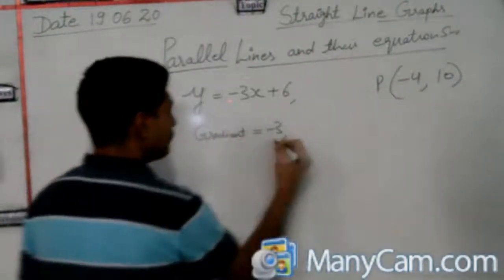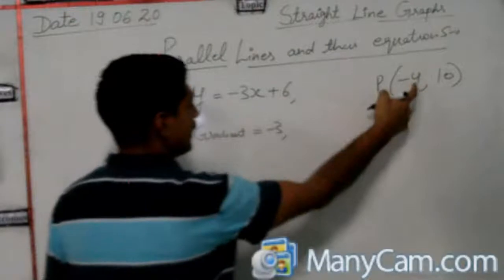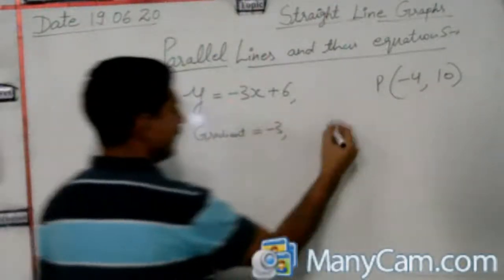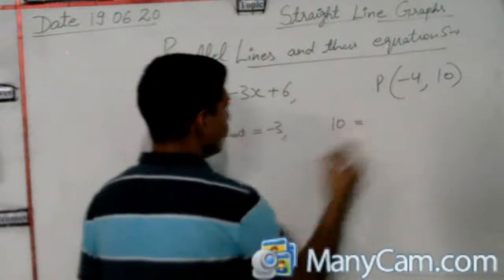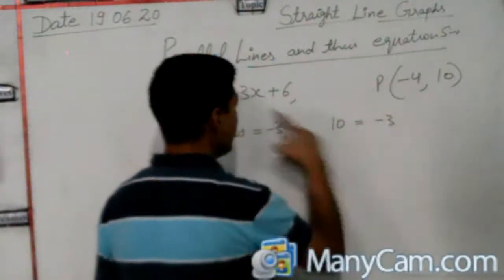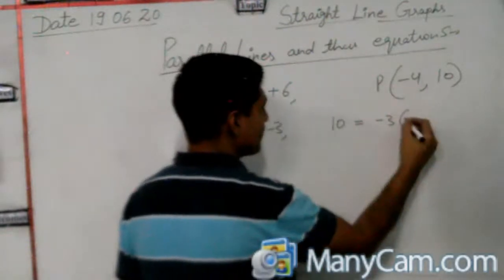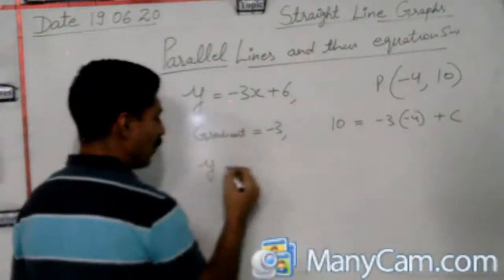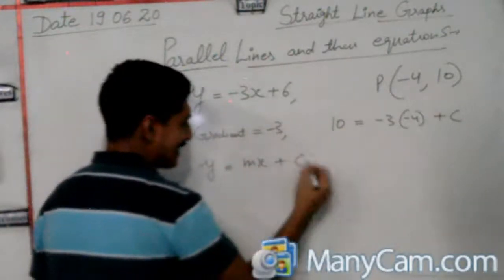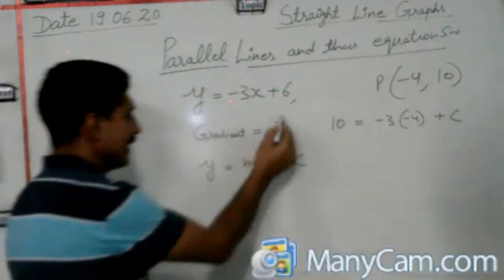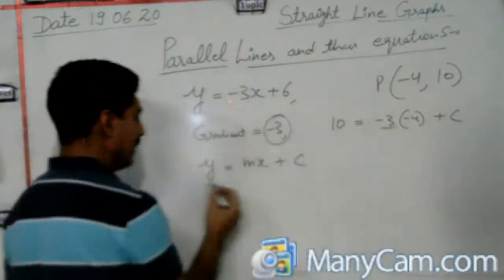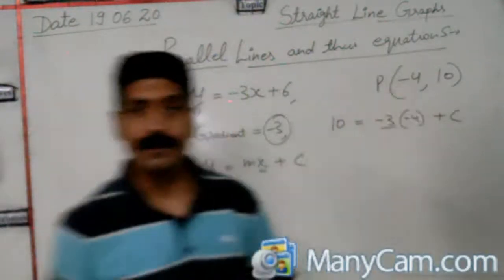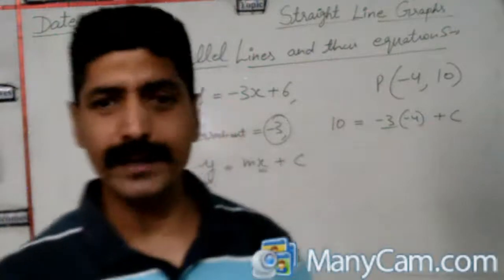So here we will first substitute the values of x and y, which says that y, 10, is equal to -3 times x, here x is -4, plus c. Because we are saying y = mx + c, m is here -3, and in place of y and x we are substituting the values of the y coordinate and x coordinate.